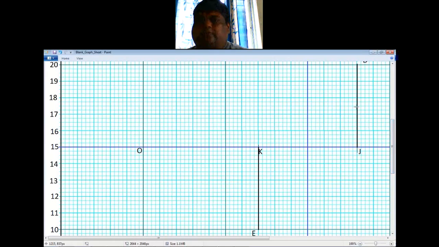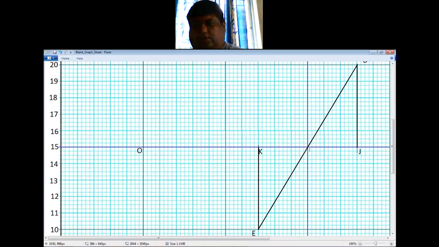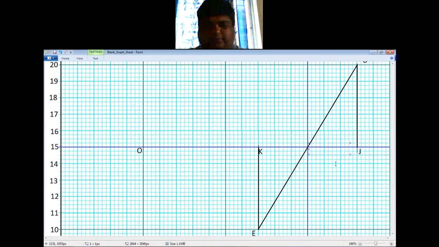Yeah, this is quite big. I just join D and E like this. Now this line is bisecting KJ at point C. So I'll call this point as C.